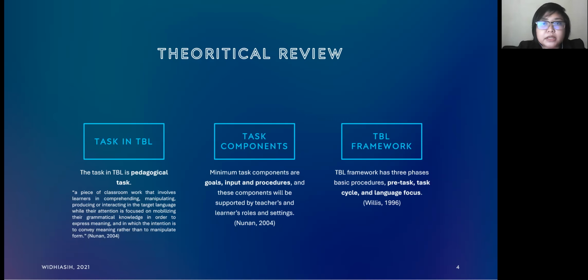In pre-task, the teacher introduces the topic and the task to the students, and later on in task cycle, the teacher gives a kind of recording text of the materials to support accomplishment of the task. And later on language focus, this is the phase when the students finally report the result of their task accomplishment in terms of maybe speaking or writing form.